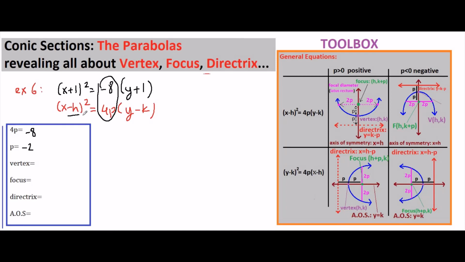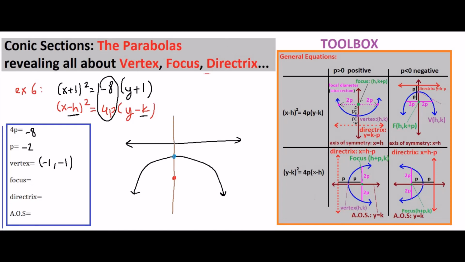Our vertex is (h, k), so h is negative 1 and k is negative 1. The x variable is squared and the p-value is negative, so it's looking downwards. Our focus is inside, our directrix is behind the parabola. This is our vertex, and the axis of symmetry is passing through the vertex and focus.